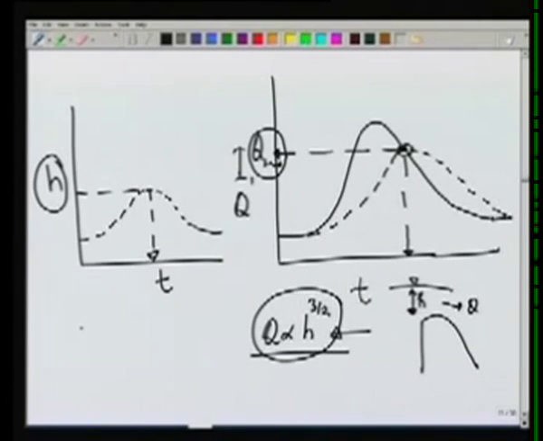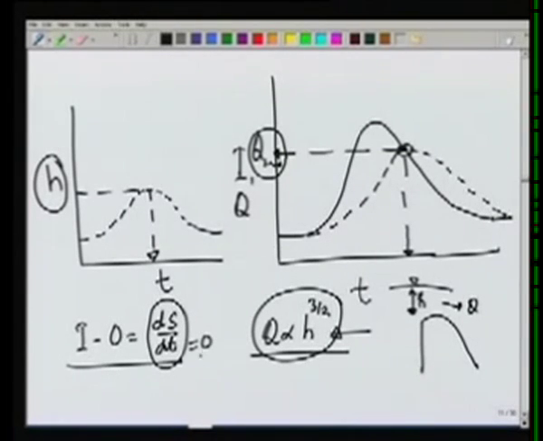If we look at the equation, we can see that dS/dt will be 0 when I is equal to O, or if we use the symbol Q, then when inflow is equal to outflow, then dS/dt will be equal to 0, and therefore S will be maximum.